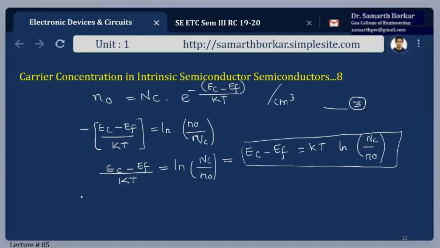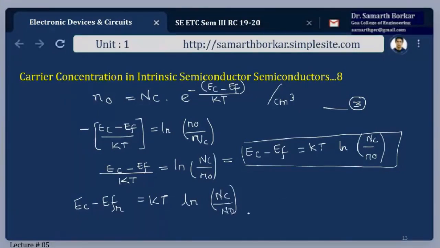Now, EC minus EF. Here we are talking about, say, an n-type semiconductor. I can write this as En, which equals kT natural log of NC by ND.